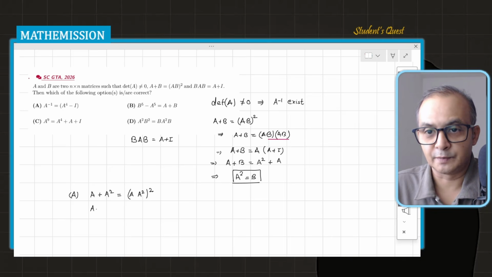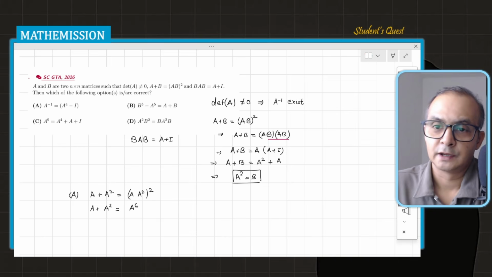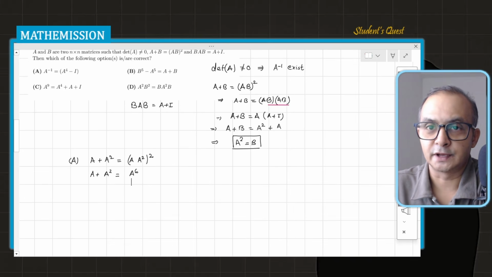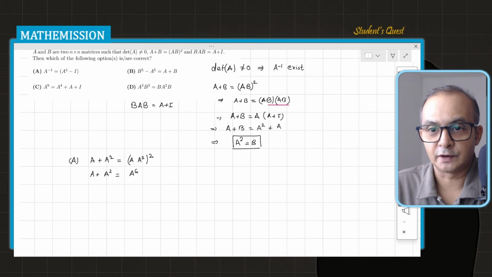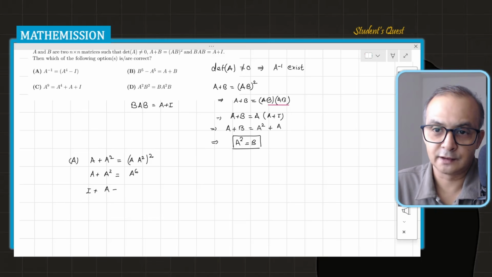So this is A plus A squared, and here A into A cube will become, the power will become A to the power 6. Now if I multiply both sides with the inverse, that will give you A inverse A is I, and A inverse A squared will become A only, and this will become A to the power 5.